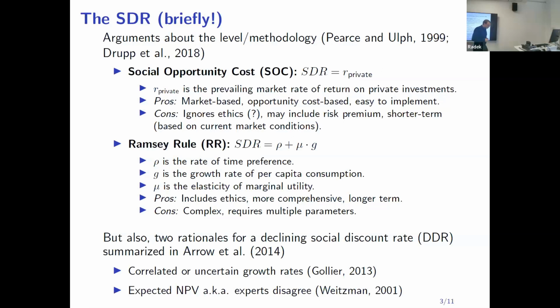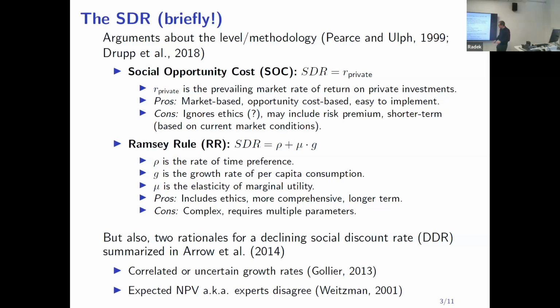Weitzman basically says, look, people completely disagree about what the correct social discount rate is. There's a lot of people who think it's very high, there's a lot of people who think it's low, there's a lot of people in the middle, and they show that if that is indeed the case, there's a distribution of opinions about what the social discount rate is. It actually makes sense, and there's uncertainty about what the actual social discount rate is.